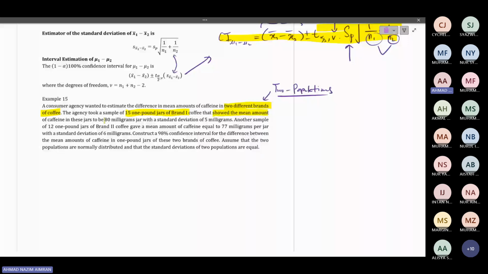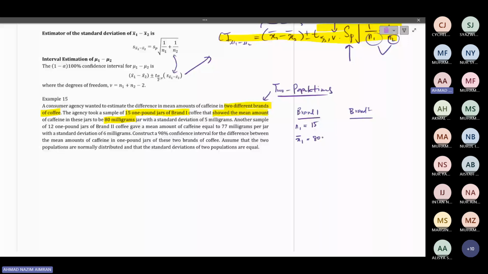Now again, so we have brand one and brand number two. For brand one, the sample size is equal to 15. And the mean for brand number one is equal to 80 milligram, with a standard deviation.